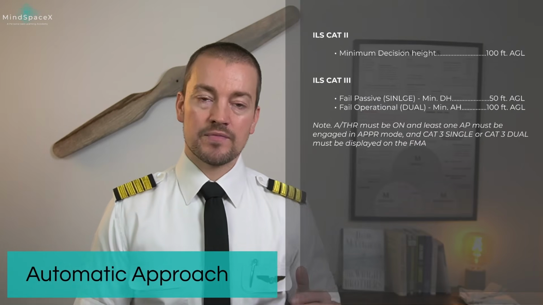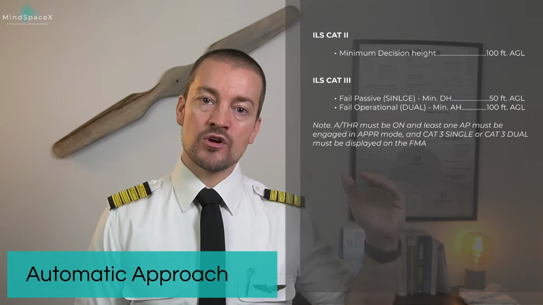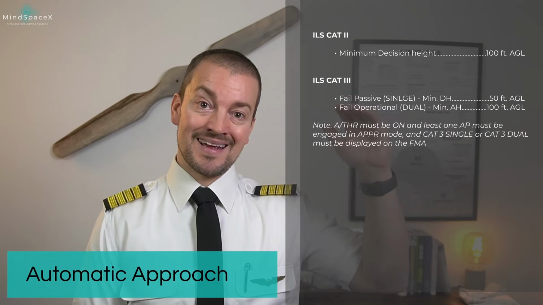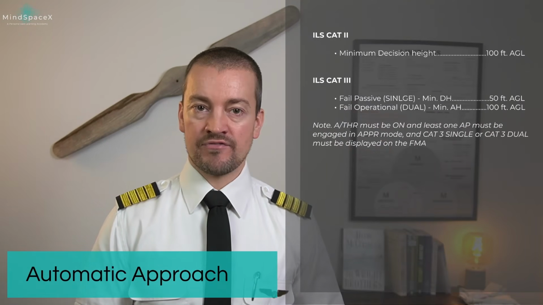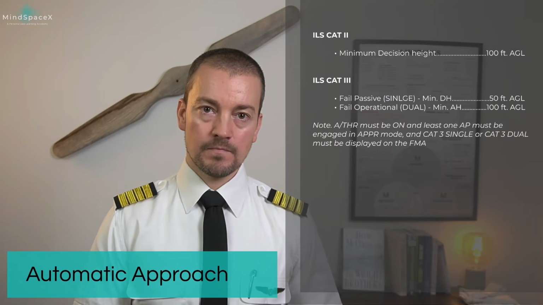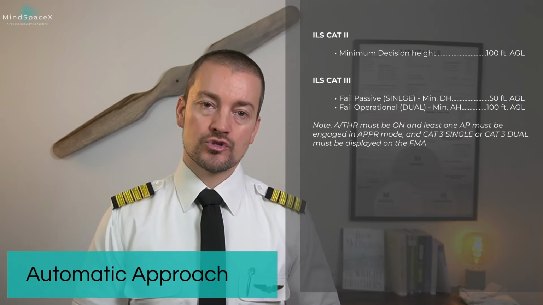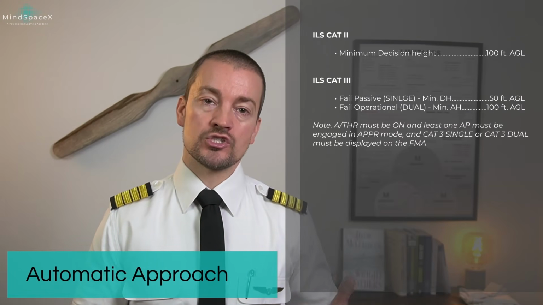The alert height is the minimum height which divides the scenario of initiating a go-around, aborting the landing, and continuing the landing even if you have a failure. Above the alert height, any failures triggering the alert will prompt the pilots to initiate a go-around.